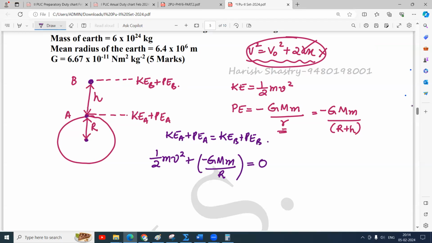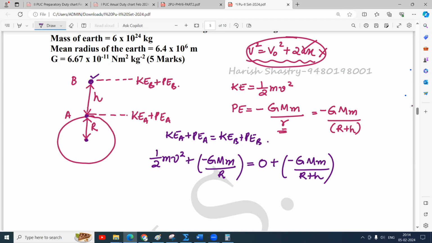That means you have to wait till its velocity becomes 0. So here the kinetic energy is 0 plus potential energy at B, minus G, gravitational constant, mass of the Earth, mass of the object, divided by distance from the center, r plus h. h is the unknown factor here. That is what has to be found out.